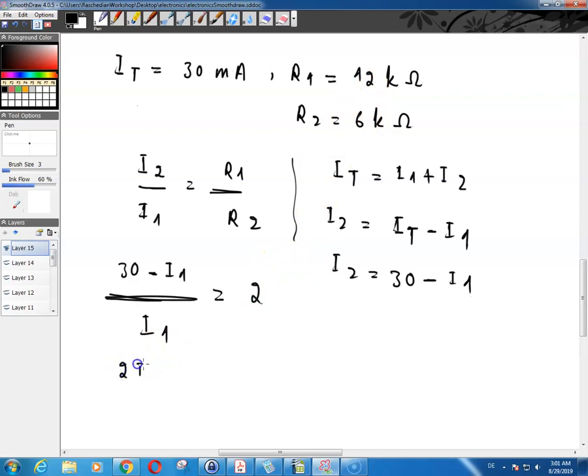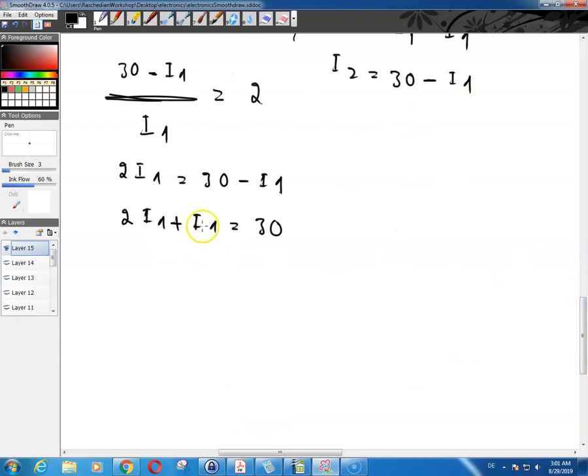So 2 times I1 is equal to 30 minus I1. So 3 times I1 is equal to 30, and so I1 is equal to 10, of course, in milliamps.